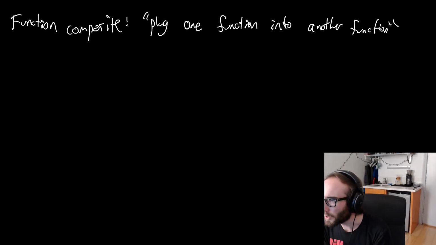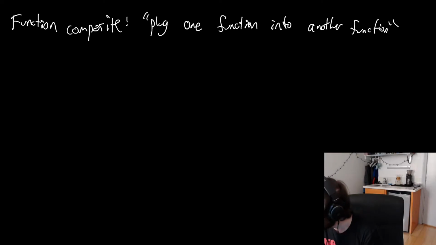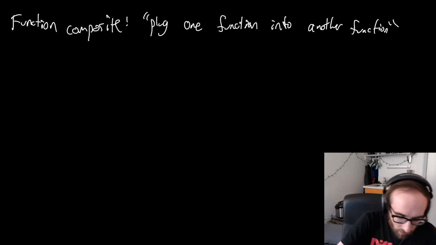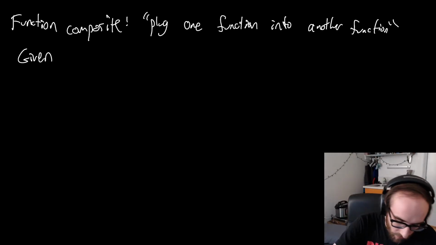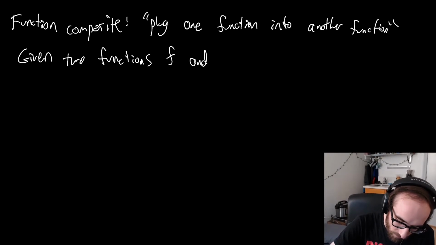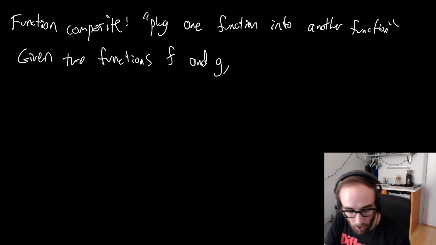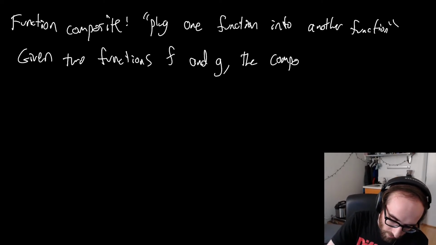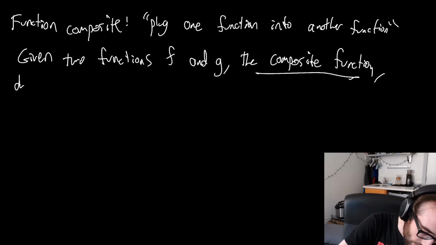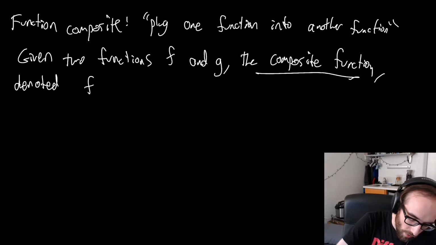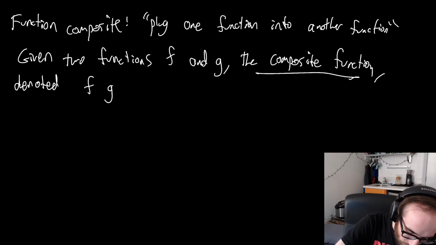Okay, so to start off, I want to take a look at the notation that we're using. So we'll start with our definition that the textbook gives us. Given two functions, f and g, the composite function denoted, and here we have the two function letters f and g, and then in between them we have a little open circle.